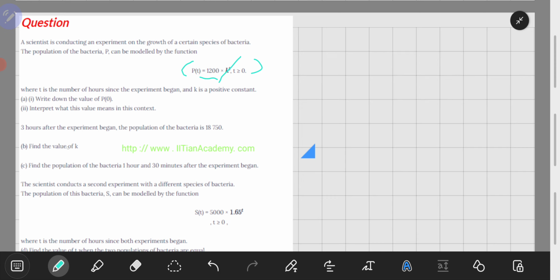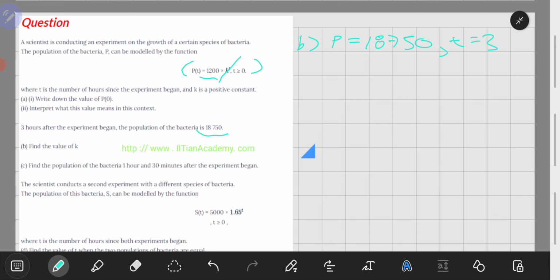So now, for our next question. 3 hours after the experiment began, the population reached 18,750. Find the value of K. So, the way we do this with B, we know that P is equal to 18,750, and this is at T is equal to 3.